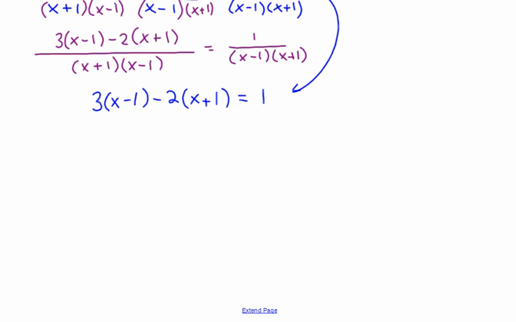Okay, simplifying this, 3x minus 3 minus 2x minus 2, bring in the negative 2, equals 1. 3x minus 2x, so x minus 5 equals 1, and then add 5, x is 6.